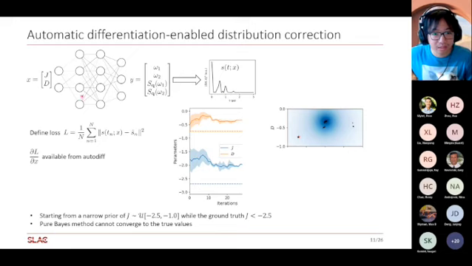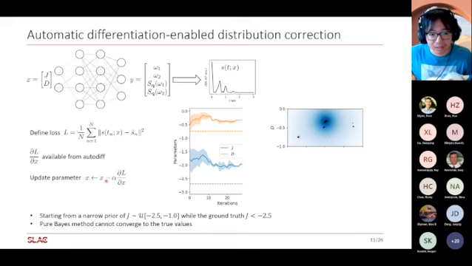Remember that our forward model is basically a neural network plus some math operations. And this means that from here to here is differentiable. So we have the gradient of the loss with respect to our parameters instantly available from automatic differentiation. Then we can use any kind of gradient descent based optimization to update these clusters of parameters.